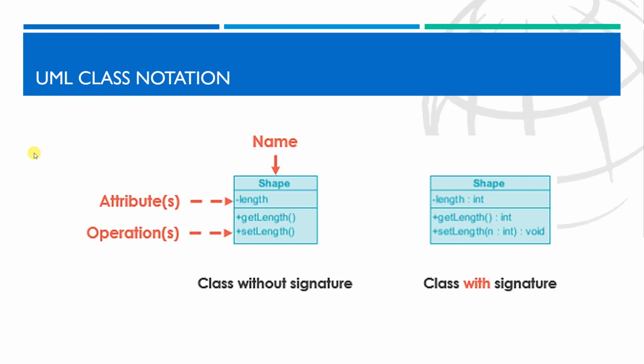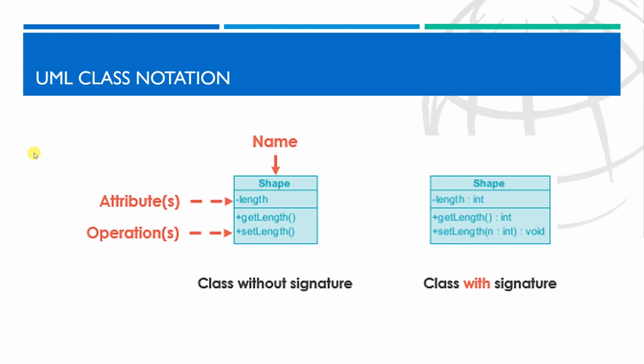The first one is the class name. The name of the class appears in the first partition. The class attributes are shown in the second partition. The attribute type is shown after the colon, and attributes map onto member variables or data members in code.